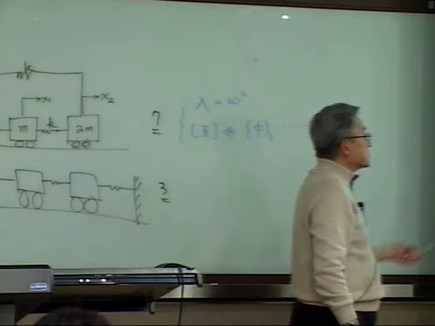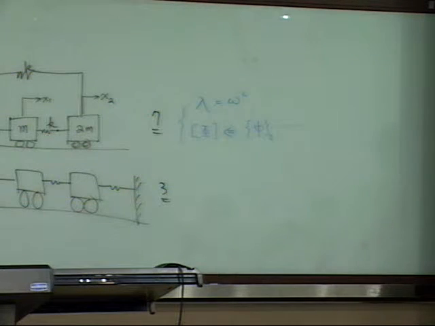So when you solve this equation, this is a quadratic equation. Don't look at it as a fourth order equation. If you replace omega square as lambda, that's a quadratic equation of lambda. Then you can determine the omega root, which is the eigenvalue, or natural frequency here.